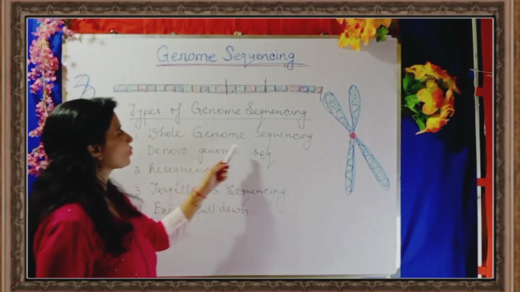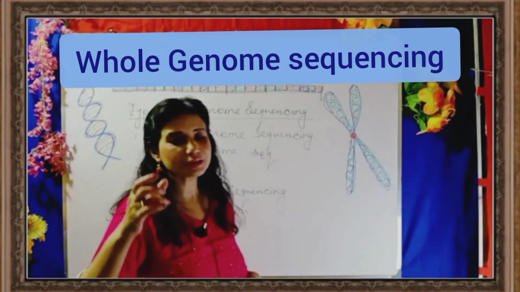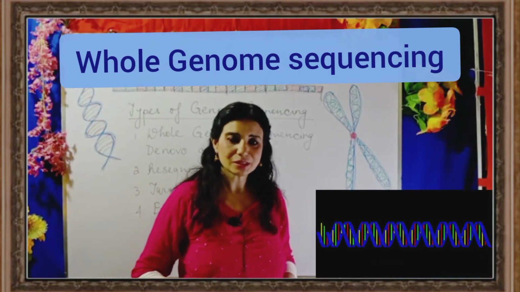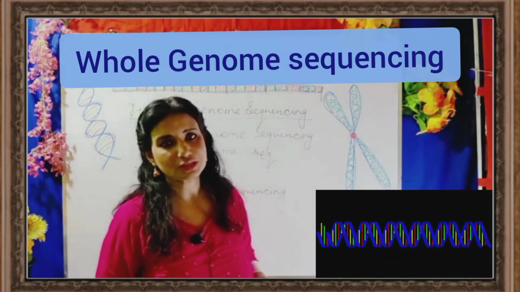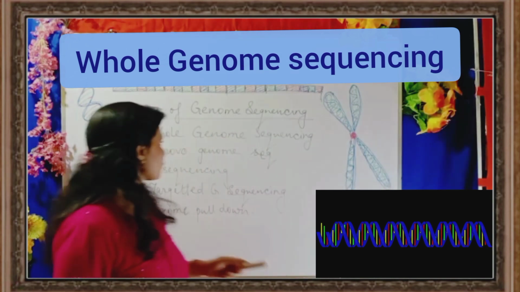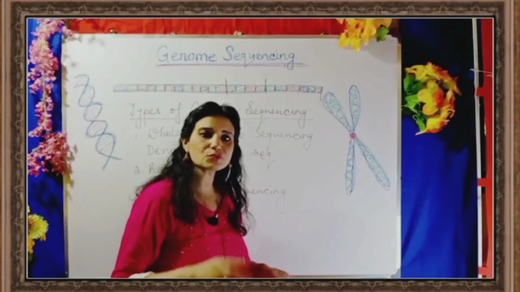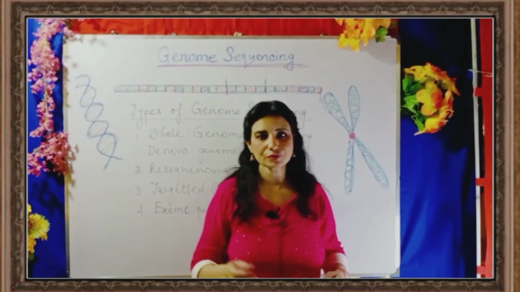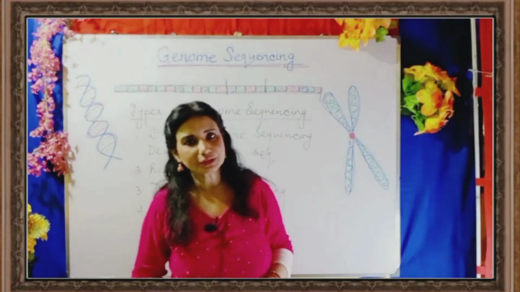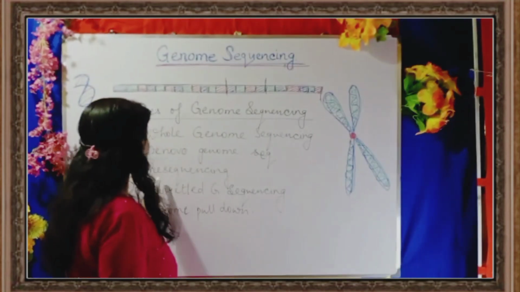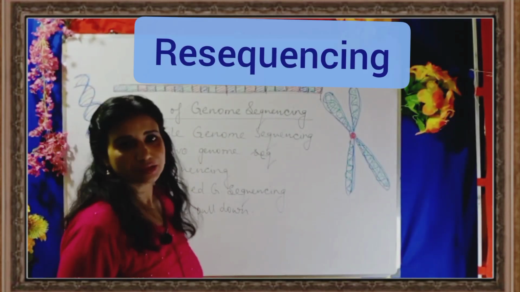First is whole genome sequencing. That means the entire genome will be sequenced. In this case, we can also say starting from the very beginning, so that's why we say de novo genome sequencing. In this case, we have to do it without the availability of a reference genome. Otherwise, we can also talk about resequencing.